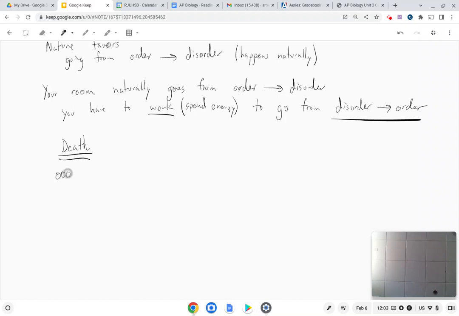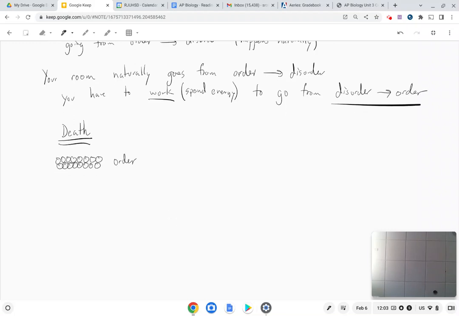So we're starting with something that's alive. We've got structure. We've got order. The cells are together. These circles can be cells. They can be molecules. I don't really care, because it's just an illustration. But we've got order. And after death takes place, the molecules or the cells, however you want to think about them, become scattered, broken into smaller pieces, and they become disordered.